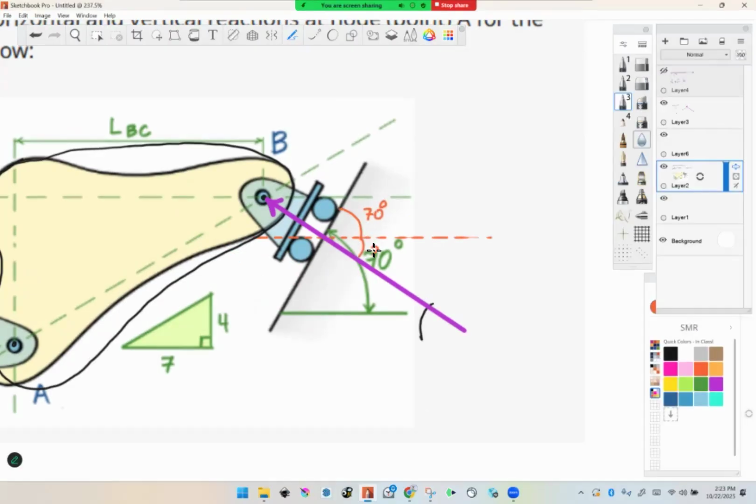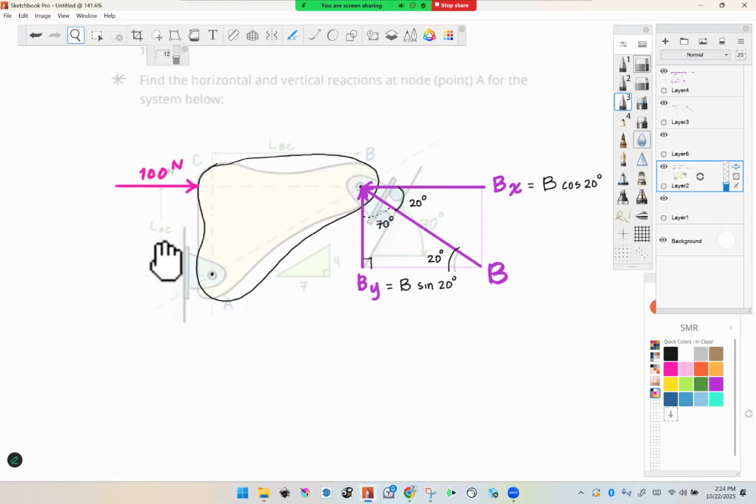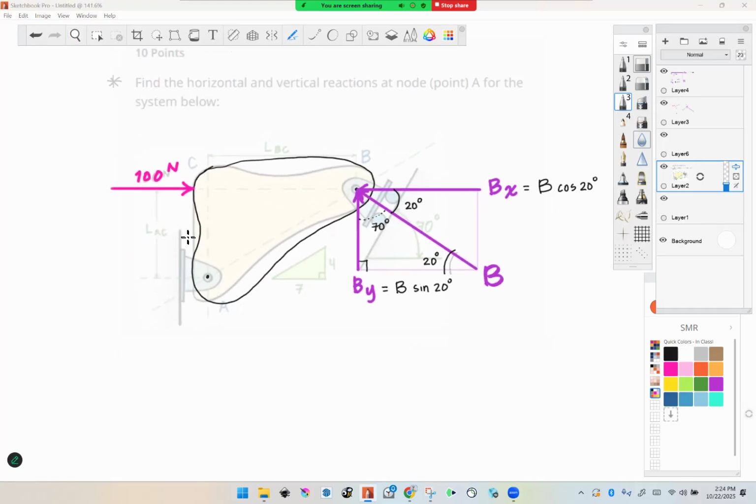Therefore, this one is the 20 degrees right there. Okay, and that is consistent with what we just did right there. Okay, so be real careful about making sure that that resultant force B is perpendicular.